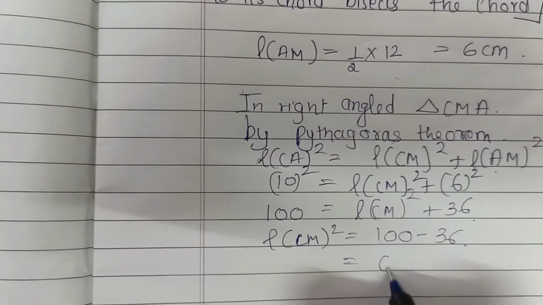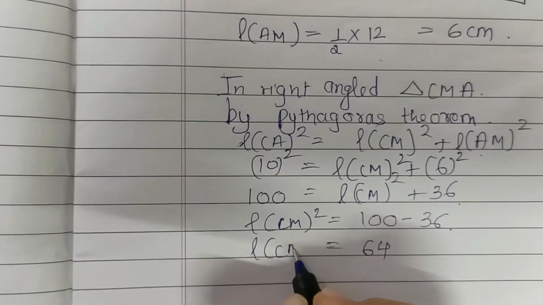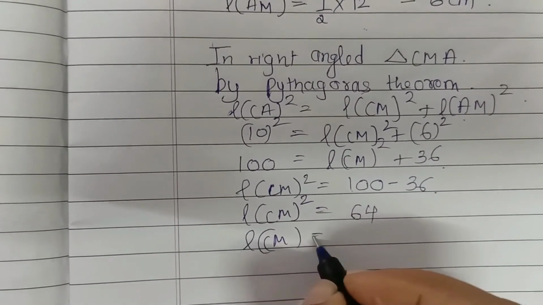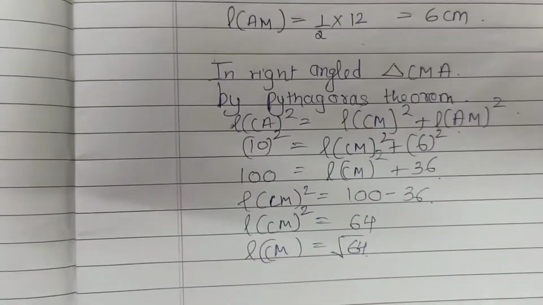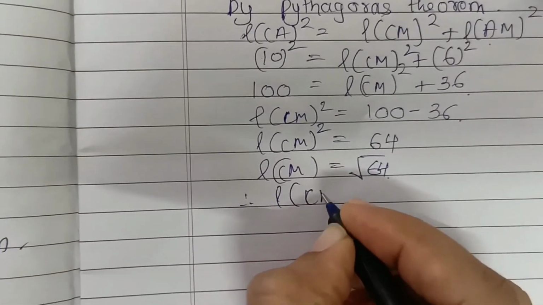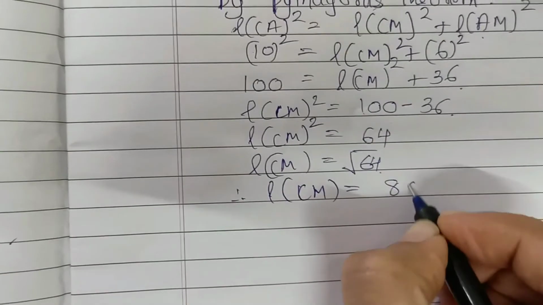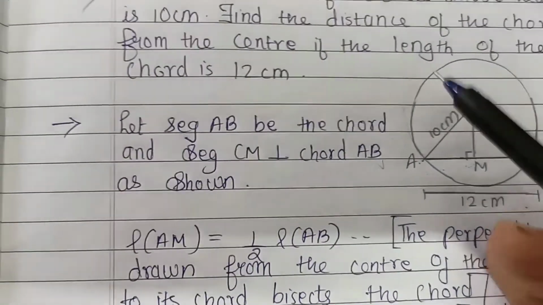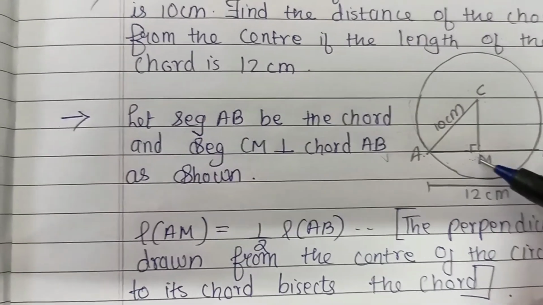CM square will give us 64. Again the same step, we'll take out the square root from both the sides. So therefore length CM is equal to 8 cm. That means the distance of the chord from the center is 8 cm.